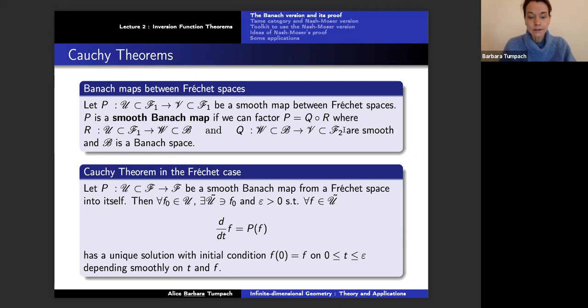And it maps a Fréchet space into itself.